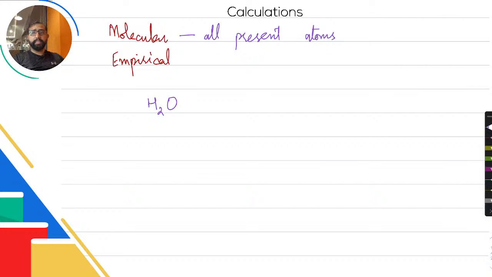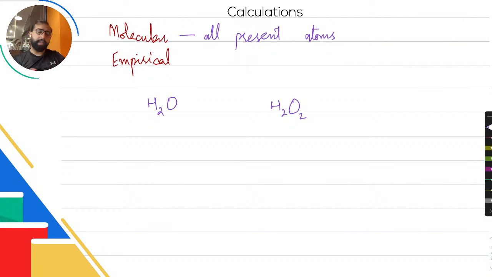What that means is that I have 2 hydrogen atoms and 1 oxygen atom in 1 molecule of water. But if I talk about, let's say, H2O2, this is a totally different compound, hydrogen peroxide. And this one is telling me that I have 2 hydrogen atoms, 2 oxygen atoms, and they together make up 1 molecule of this thing.